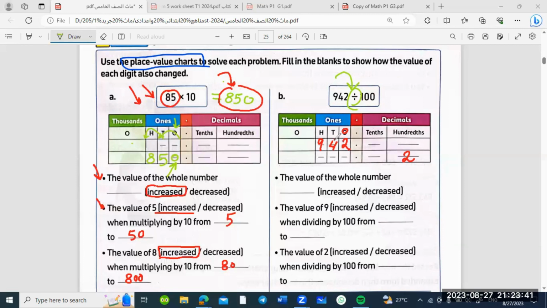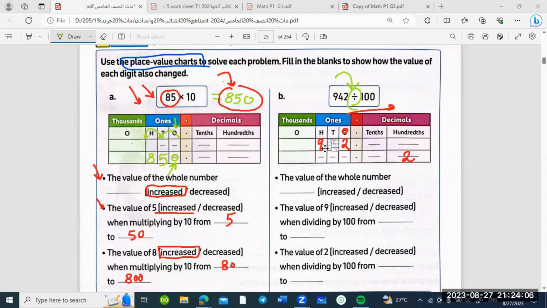And the 4, be careful. Move it 2 steps right. It will be in tenths. Look at the board. Look at the 4.